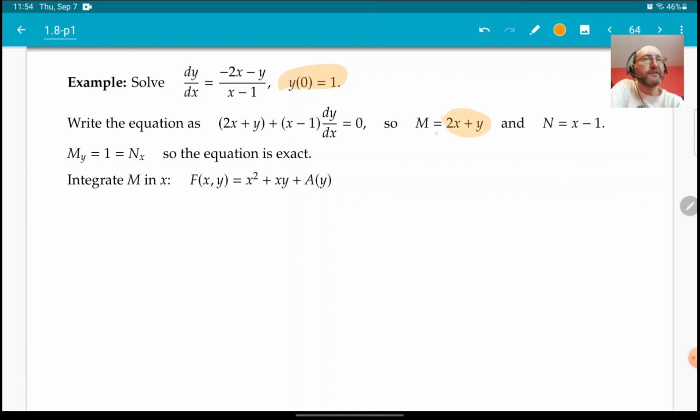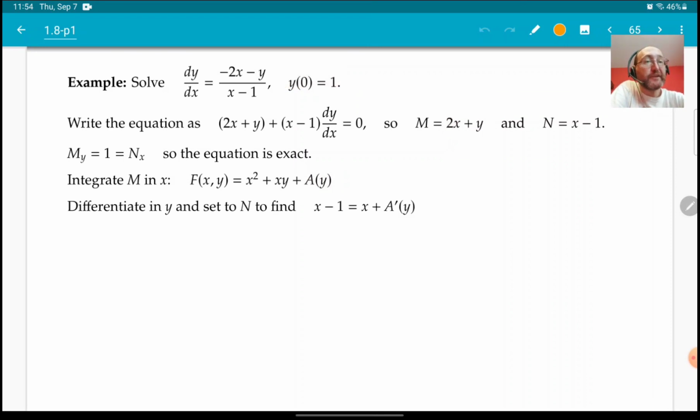We're starting with 2x plus y, so it's x squared plus xy plus a constant of integration that depends on y. We differentiate this in y, so we just get x plus a prime. That's supposed to equal n, which is x minus 1. So that just means that a prime is minus 1.